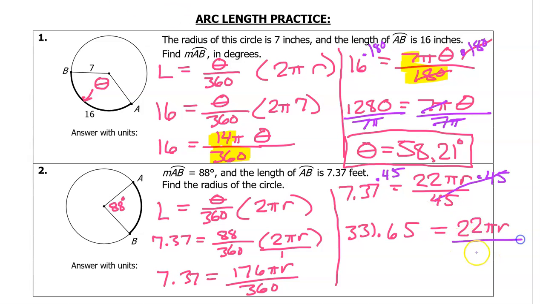All I have to do now is divide both sides by 22 pi, and that will leave r by itself. So divide by 22 pi. So that's really it.